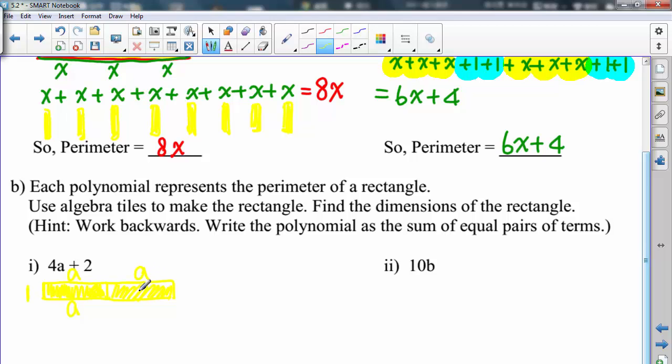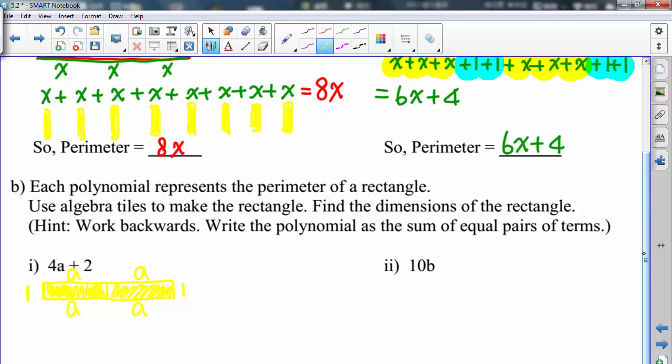So this one is also a, this is 1. So you will see this is 1a plus 1a plus 1a plus 1a. You will get 4a's. 1 plus 1, that's 2. So this is one way to represent the rectangle whose polynomial equals 4a plus 2.